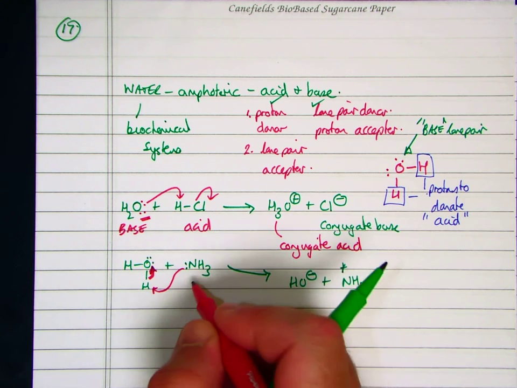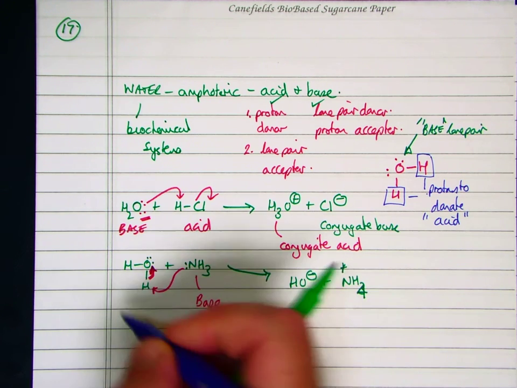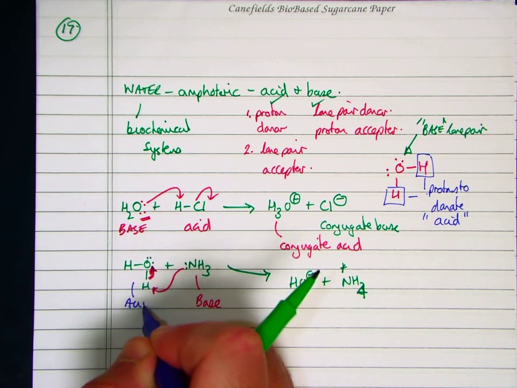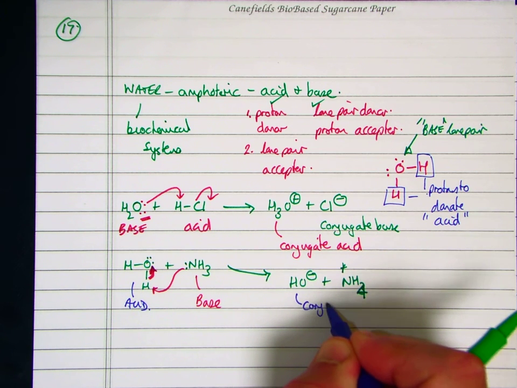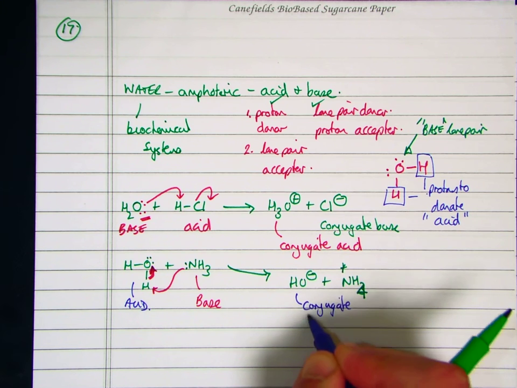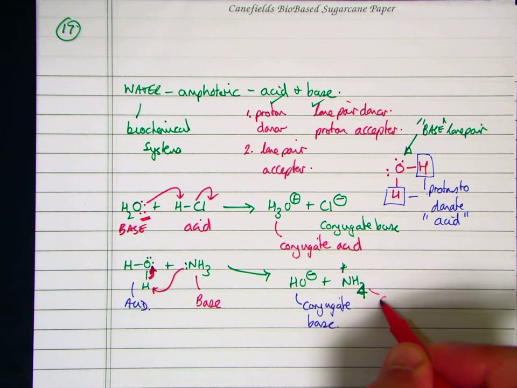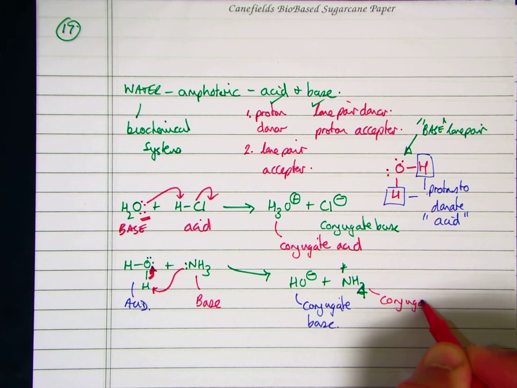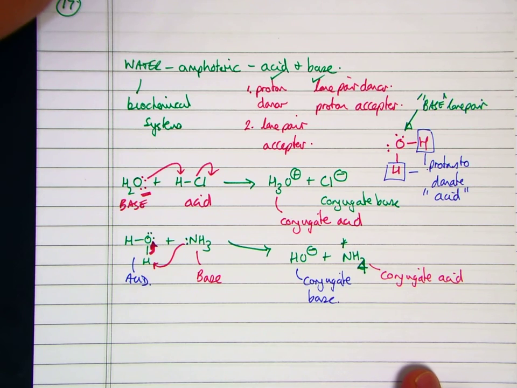So now this is our base. More importantly, the water is acting as an acid, and as it acts as an acid, we form this conjugate base, and the ammonia forms the respective conjugate acid. So that's important to remember as we look at these reactions.